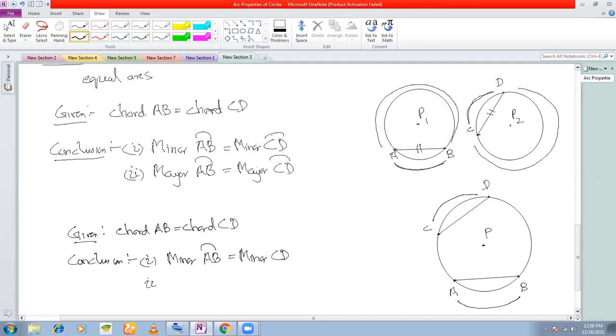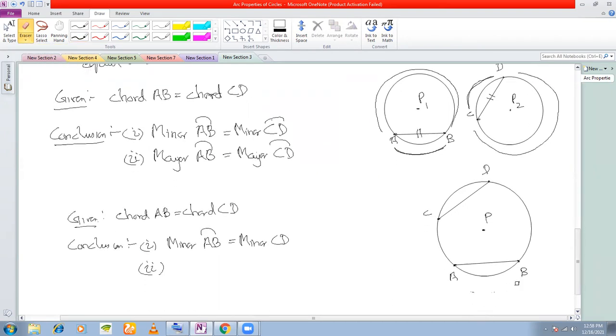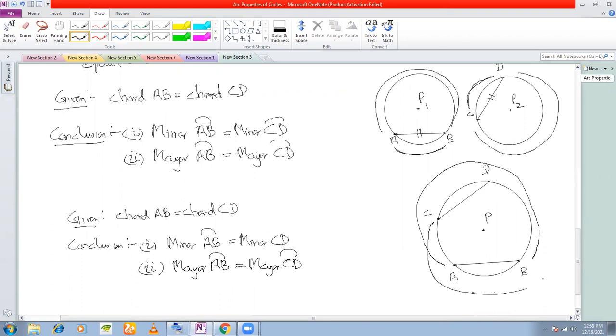Not only that, but the major arcs will also be equal. So let's see what are the major arcs cut off by the chords AB and CD. The major arc cut off by the chord CD is this part of the circle. Major arc AB must be equal to the major arc CD. So what is the major arc CD? This is your major arc CD, this part of the circle.